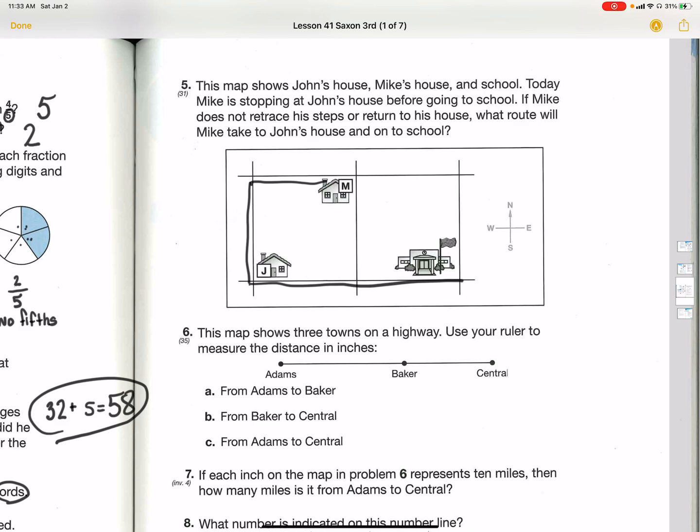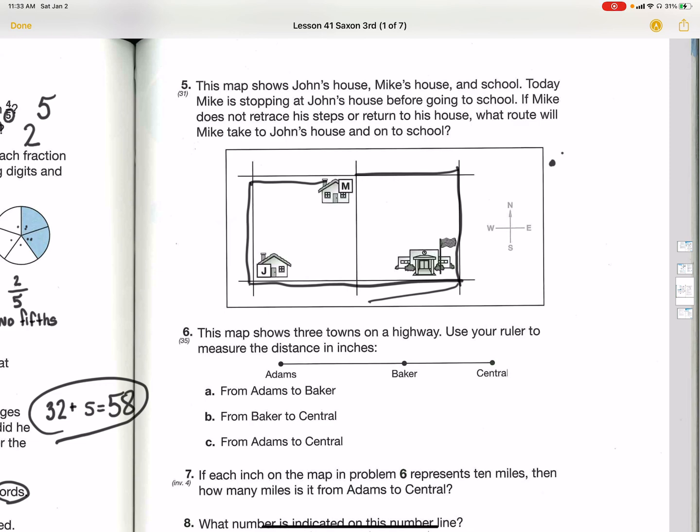And then he wants to go home. We don't want to repeat any of this. So then he has to go north a block and then west 1 more. So we need to write these directions. I'm just going to do a bulleted list with abbreviations.